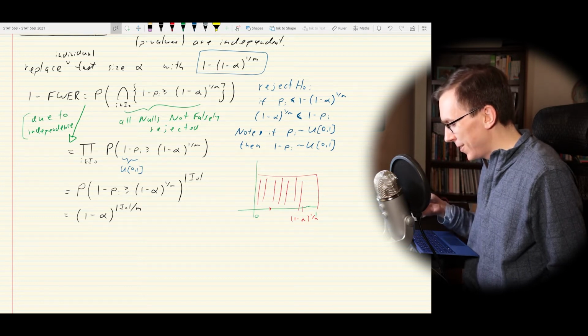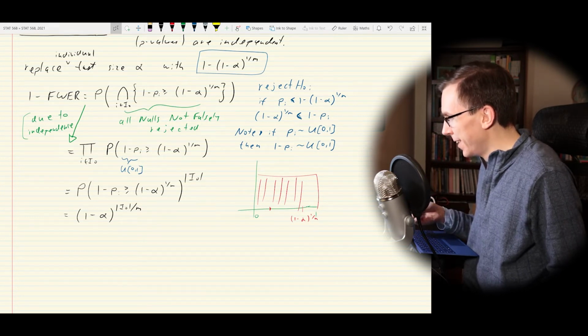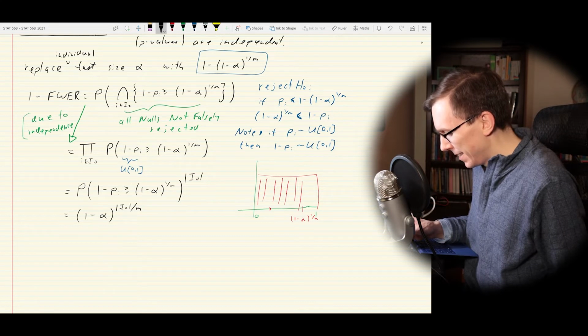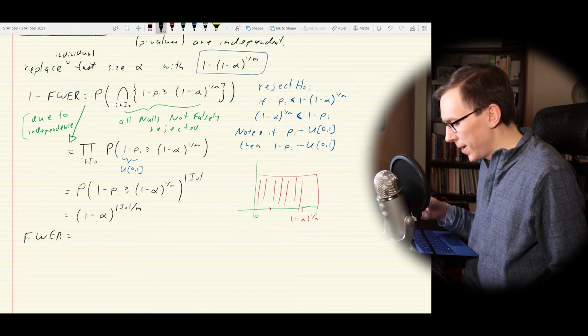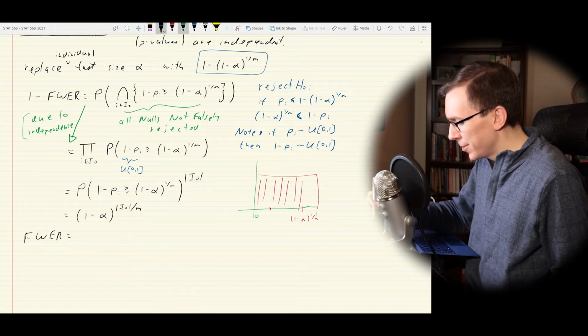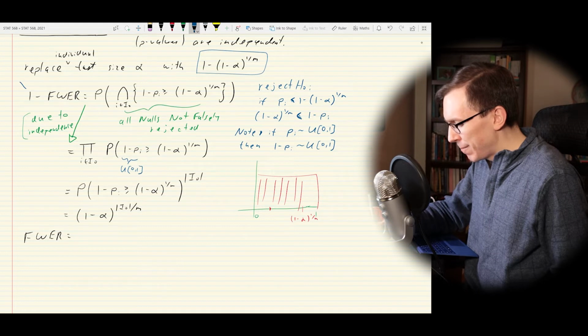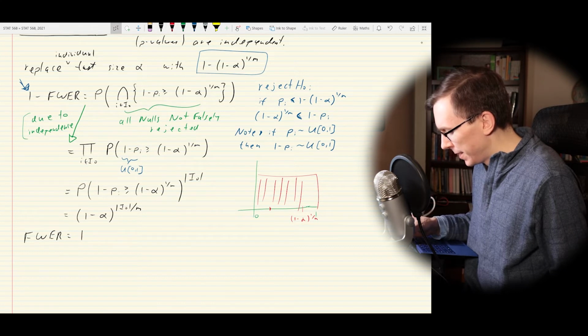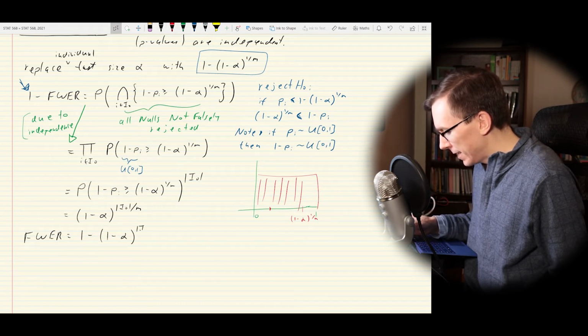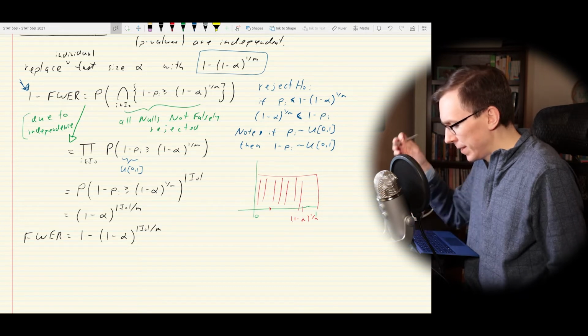Anyway, now that we have all of this crazy stuff put together, what we can say is that the family-wise error rate is going to equal, because notice I never actually used any inequalities yet, so if I undo this 1 minus up here, I get that the family-wise error rate is going to be 1 minus alpha to the I naught over m.